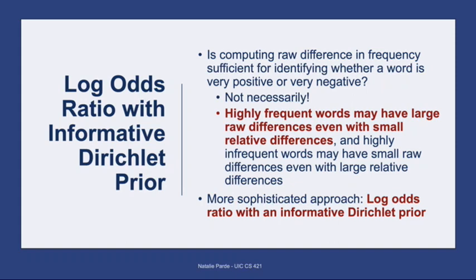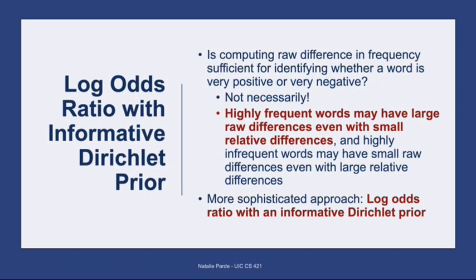Computing the raw difference in frequencies in those cases may not be the most informative approach to learn the word's sentiment, because for words that are very frequent across all classes, even a relatively small percentage difference may look like a big raw difference. And for words that are very infrequent across all classes, even a relatively large percentage difference may look like a small raw difference.